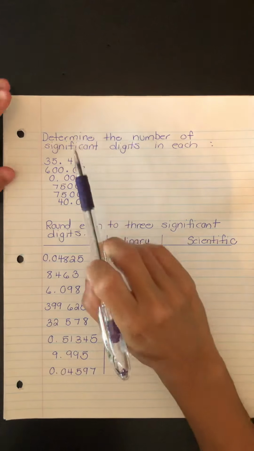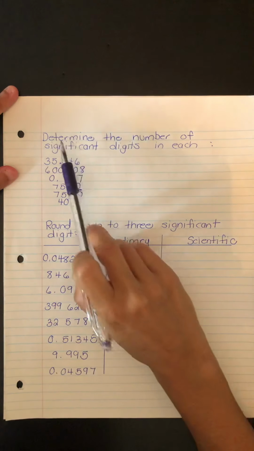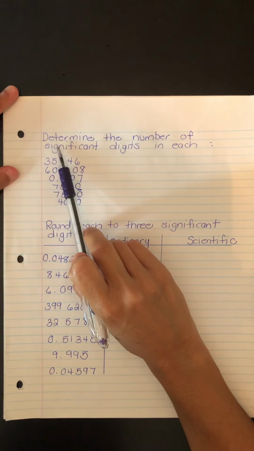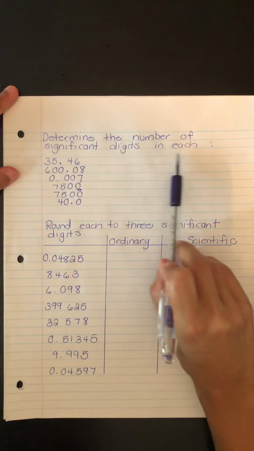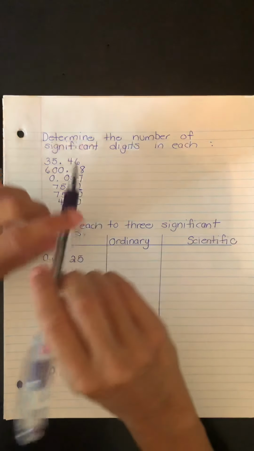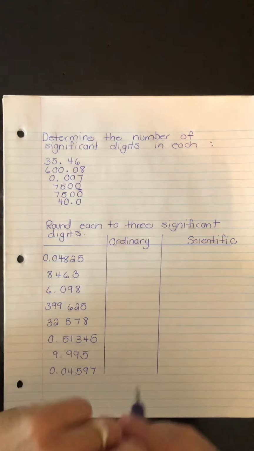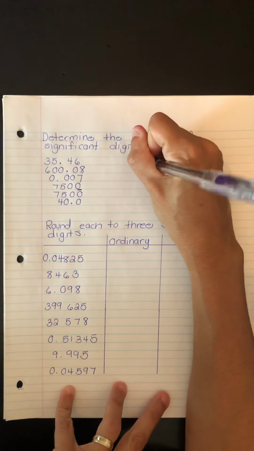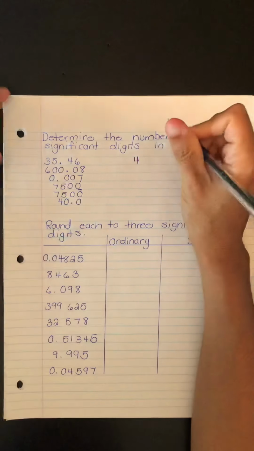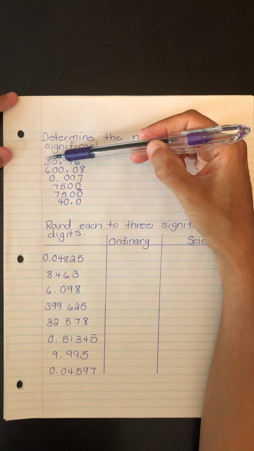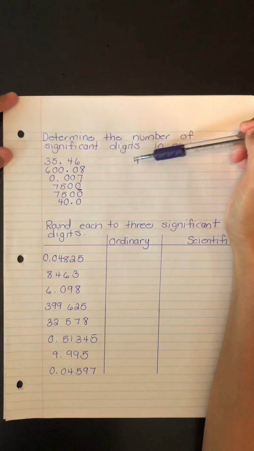Okay, so we're going to start right up here at the top of the page and just go through this exercise together. Determine the number of significant digits in each. So looking at this first number, 35.46, we should say that all 4 digits there are significant. In fact, they are all non-zero, so they are all significant.